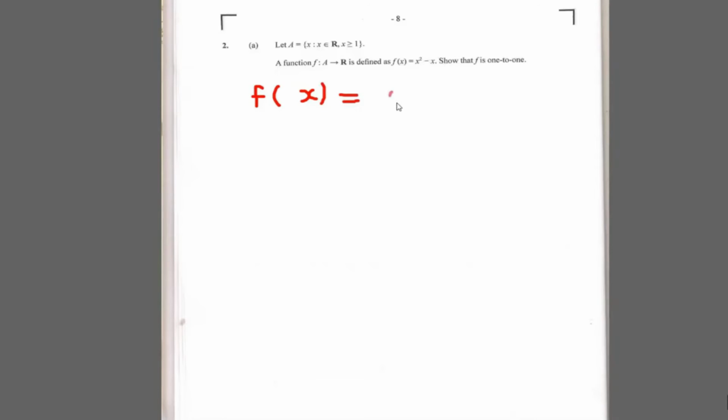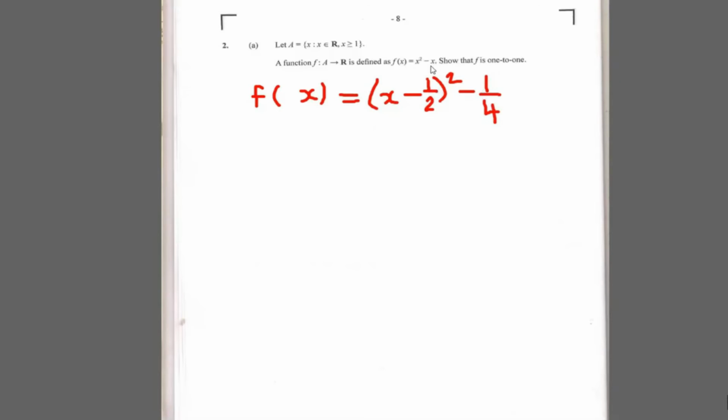We can complete the square to see that f of x is x minus a half, all squared, subtract a quarter.